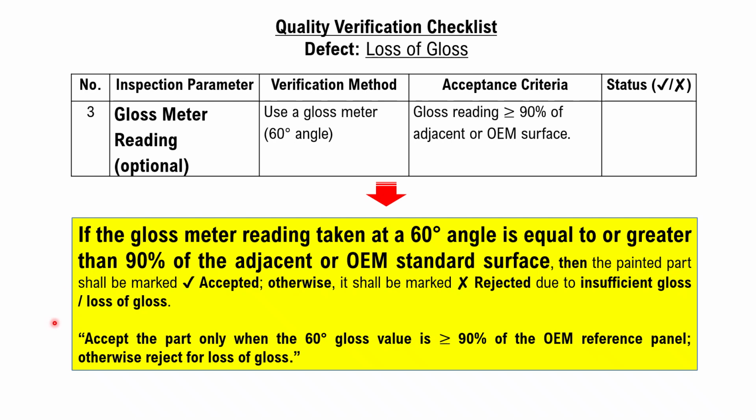Therefore, accept the part only when the 60-degree gloss value is equal to or greater than 90% of the OEM reference panel, otherwise reject for loss of gloss. Let us repeat the acceptance criteria. The gloss reading should be equal to or greater than 90% of the adjacent or OEM surface.